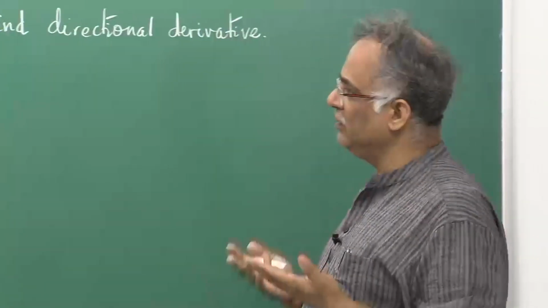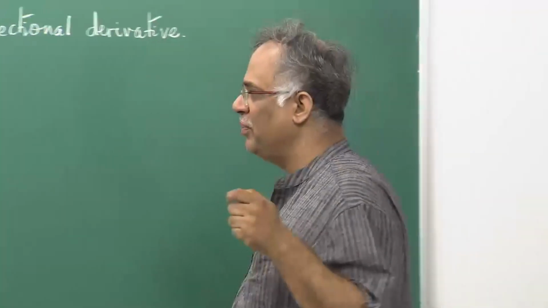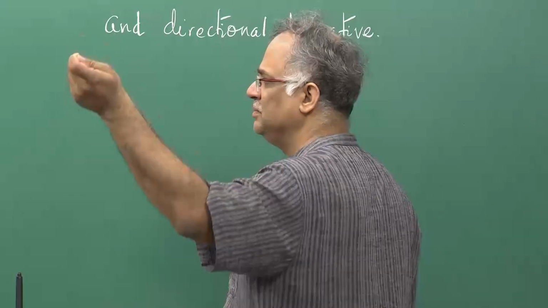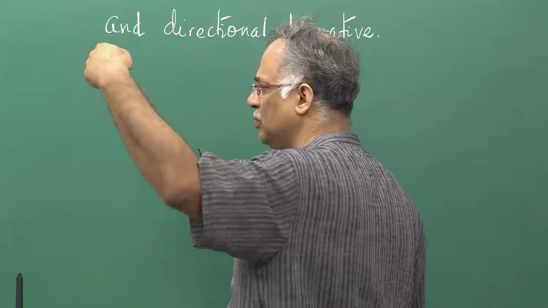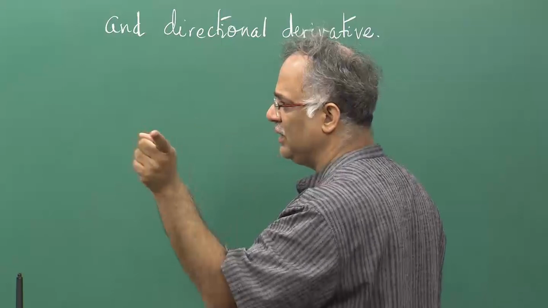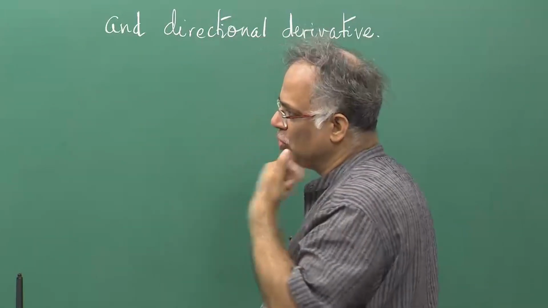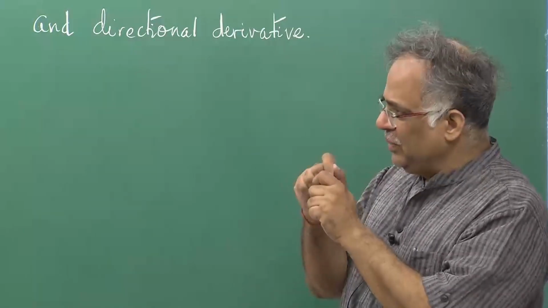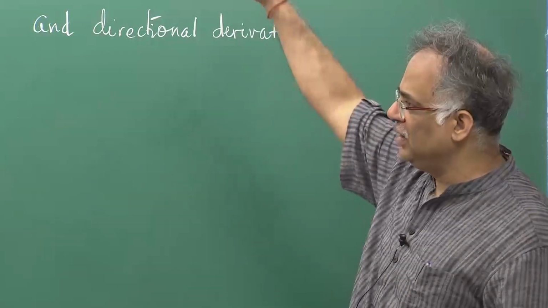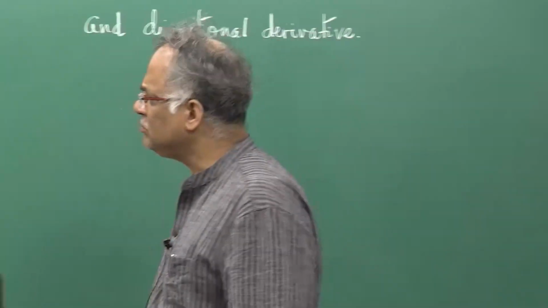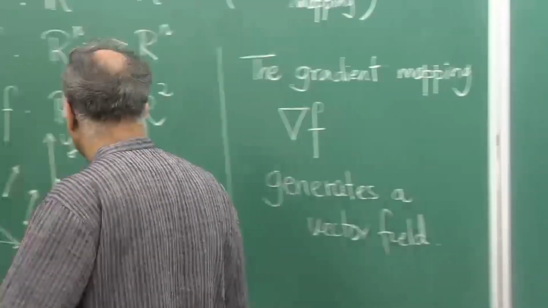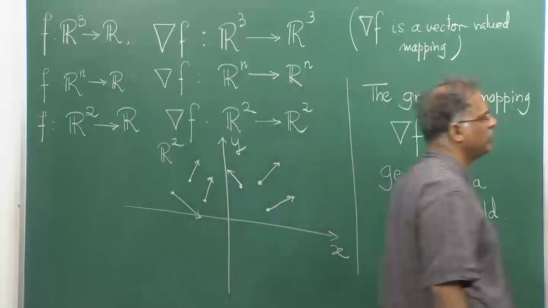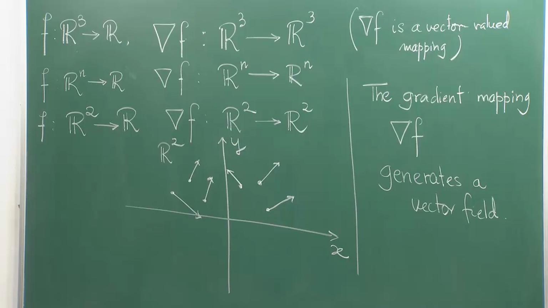That is also what is called the velocity field in mechanics: if a particle is moving in space, then at every point there is a velocity vector which is tangent to the path of the motion of the particle along that curve. At every point when you take the tangent, you generate the field of velocity. So, the velocity field is a vector field, generated again through a gradient mapping, or the derivative mapping.